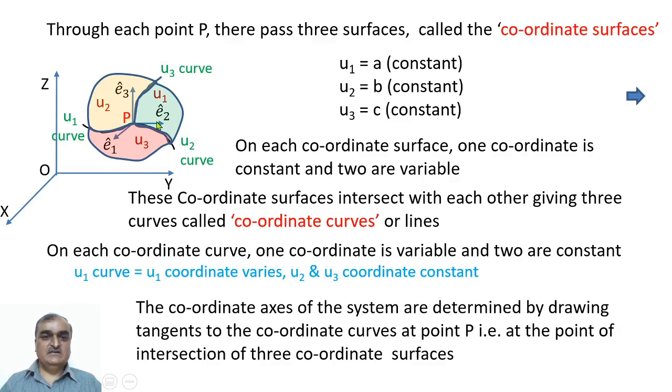If we draw a tangent, E2 cap, to the u2 curve, we get the second coordinate axis. And the tangent to the third curve gives the third coordinate axis.